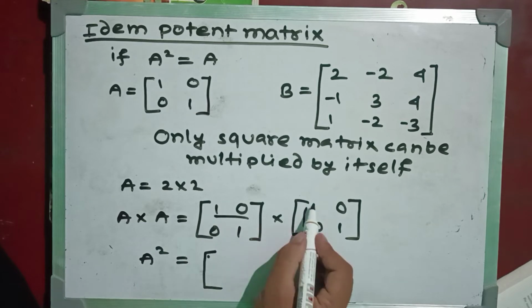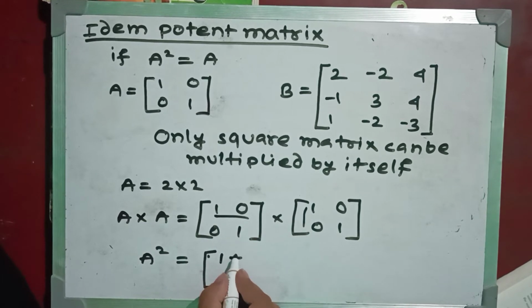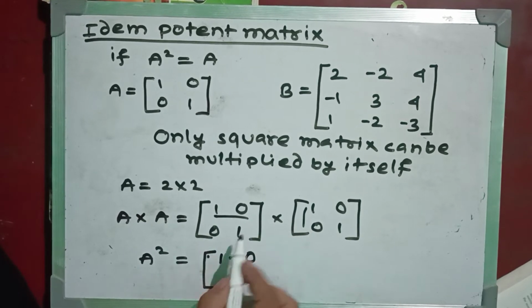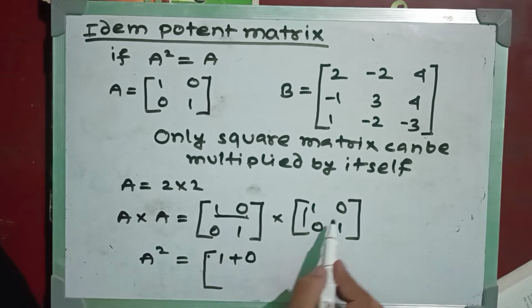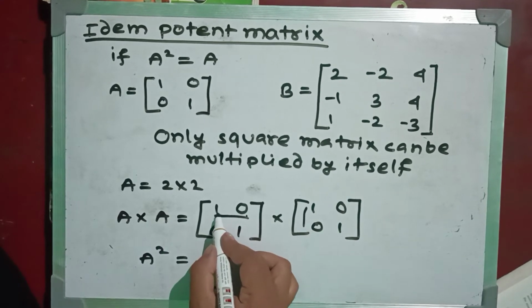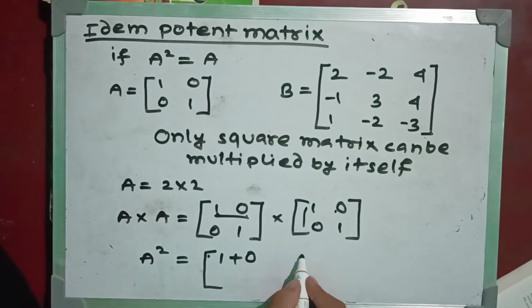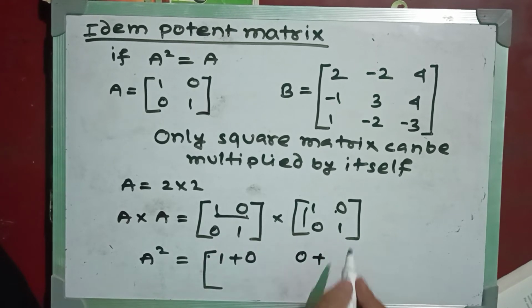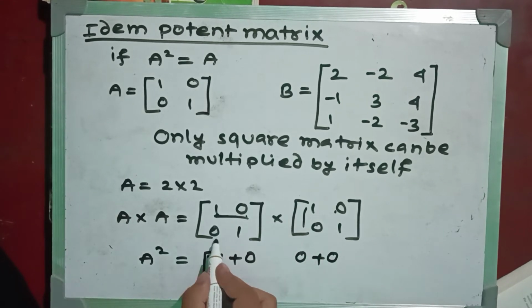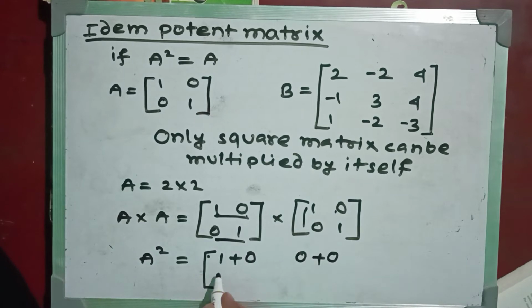So 1 into 1, that means 1, plus 0 into 0, that means 0. Now first row second column, so 1 into 0, that means 0, and 0 into 1, that means 0. Second row first column, so it's 0 plus 0.